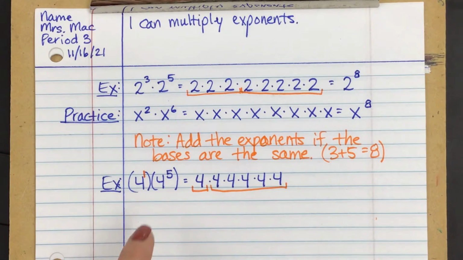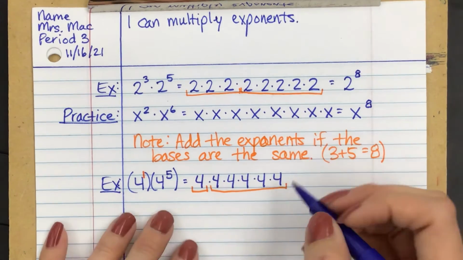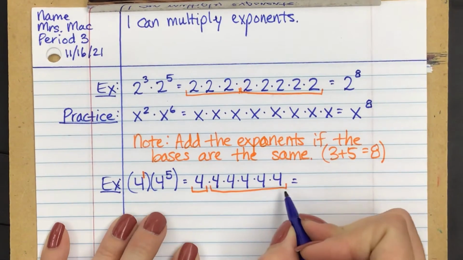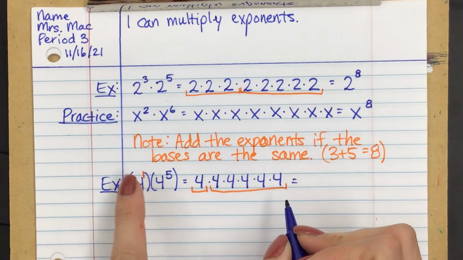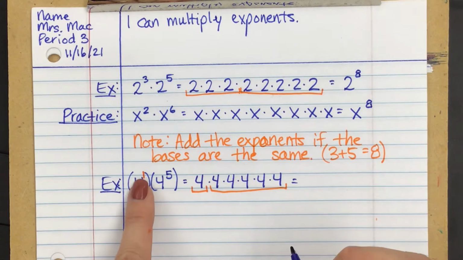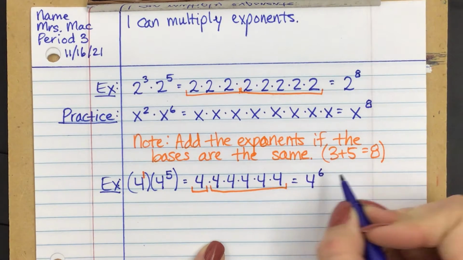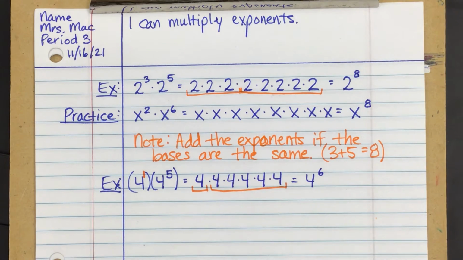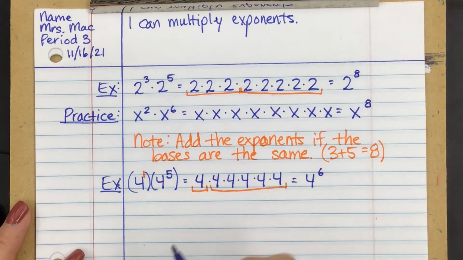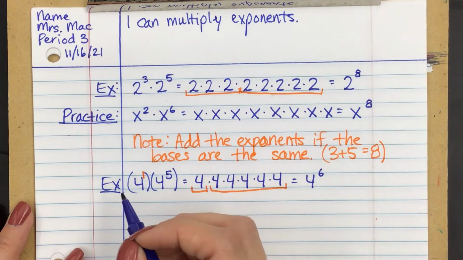So when you're going from here, and let's say that you want to skip expanded notation here, then you would just have to say, well, this has an imaginary 1 on it, and 1 plus 5 is 6, so this would be 4 to the 6th. Everybody follow me so far?